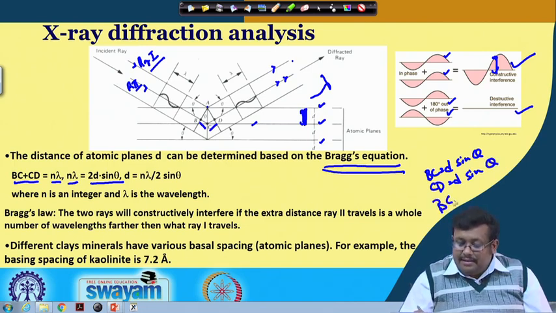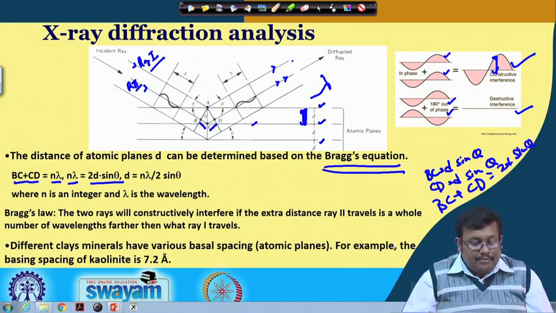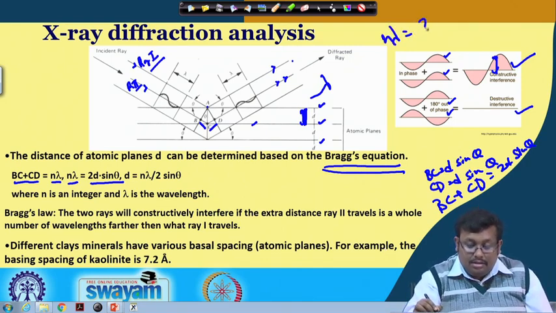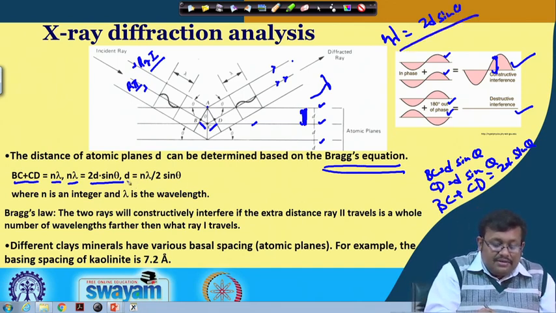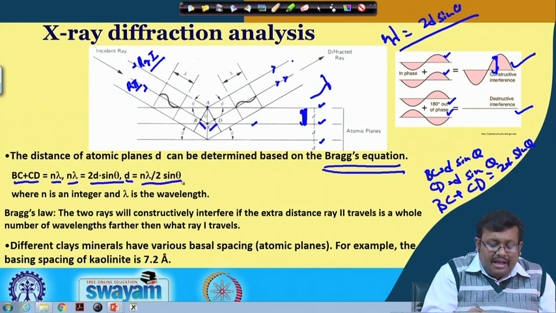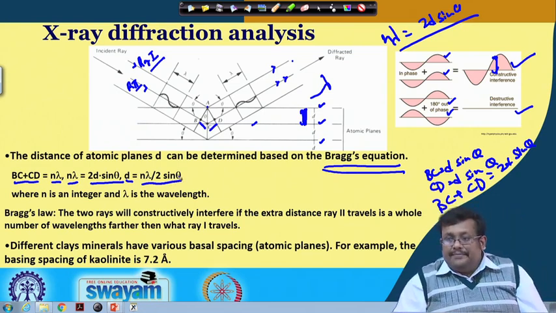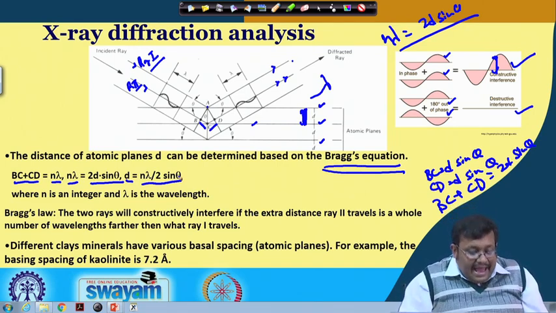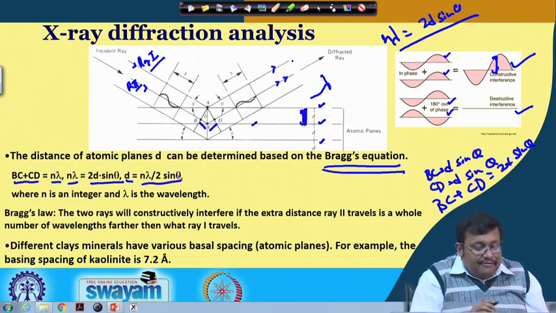So, BC plus CD equals 2d sin theta, or in other words, n lambda equals 2d sin theta, or d equals n lambda by 2 sin theta. This is the basic form of Bragg's law.